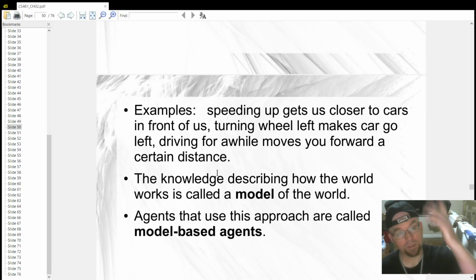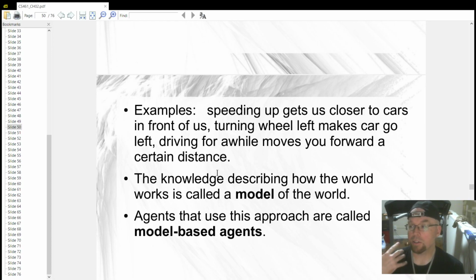So some examples: if you speed up, that means that you get closer to a car. It doesn't matter who you are. Turn the wheel left, car goes left. Doesn't matter who you are, if you're the agent or if you're something else. This is the reality of the world in which the agent is operating within. And by world, I mean environment.